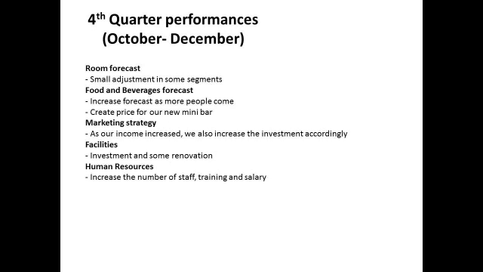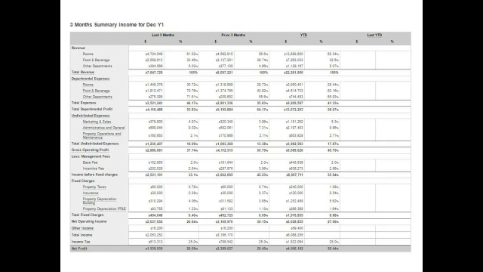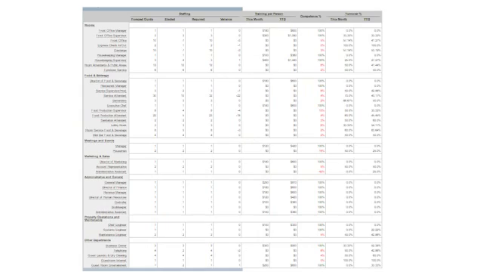On the other hand, even though we did make a huge improvement, our staffing is still high in turnover. We identified the way to cope with this is by increasing their salary, the number of their staff, and also investment for their training. For our last performance, our net profit decreased compared to the last 3 months because we spent a lot on staff training to decrease the employee turnover.